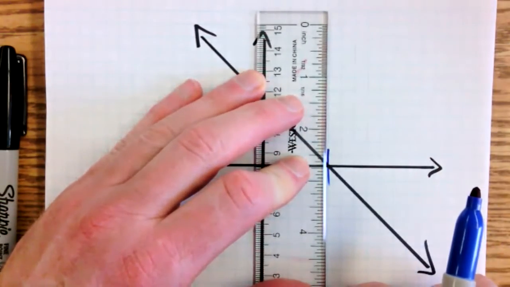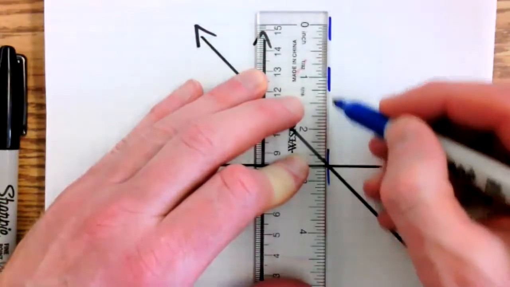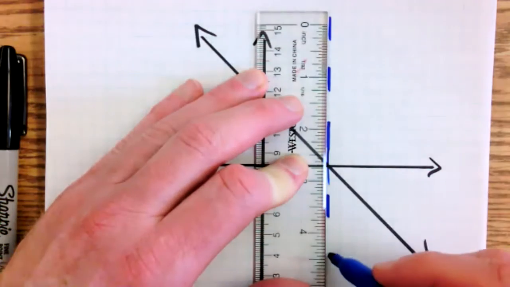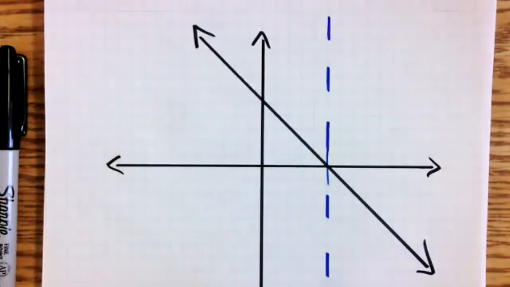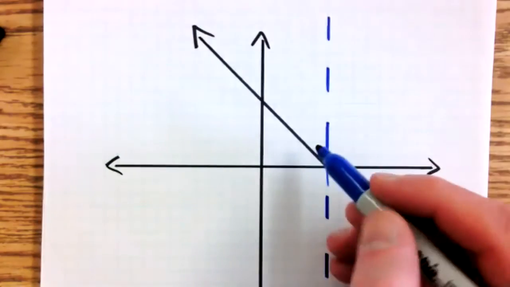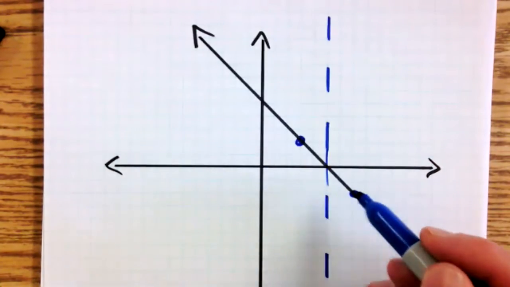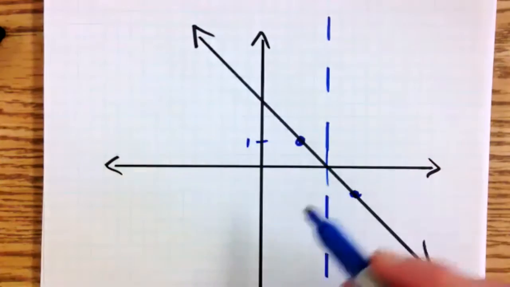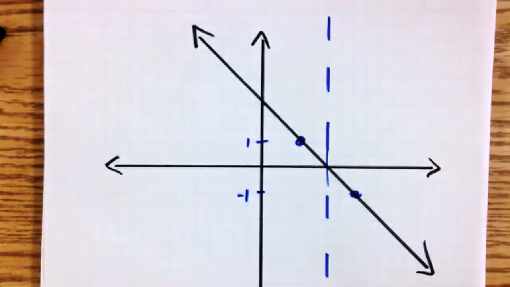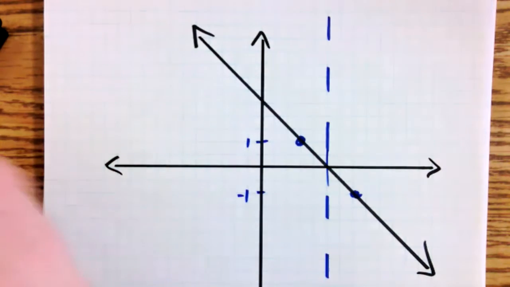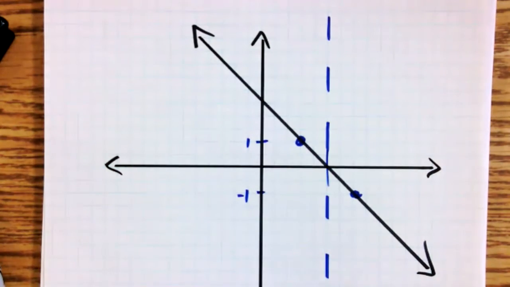That's where it crosses the x-axis. So there's my vertical asymptote. And then at the points where y equals 1 and -1, I know that it's going to go through those, and I know that it's going to approach the asymptotes.